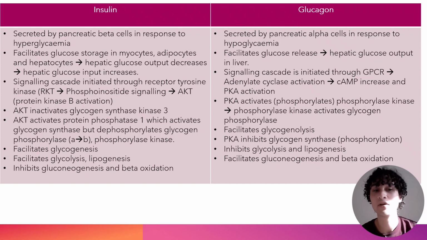Certain gluconeogenic genes have their expression upregulated during glucagon signaling, such as phosphoenolpyruvate carboxykinase and glucose 6-phosphatase. Whereas in insulin signaling, genes like glucose 6-phosphatase and phosphoenolpyruvate carboxykinase have their expression downregulated or suppressed.